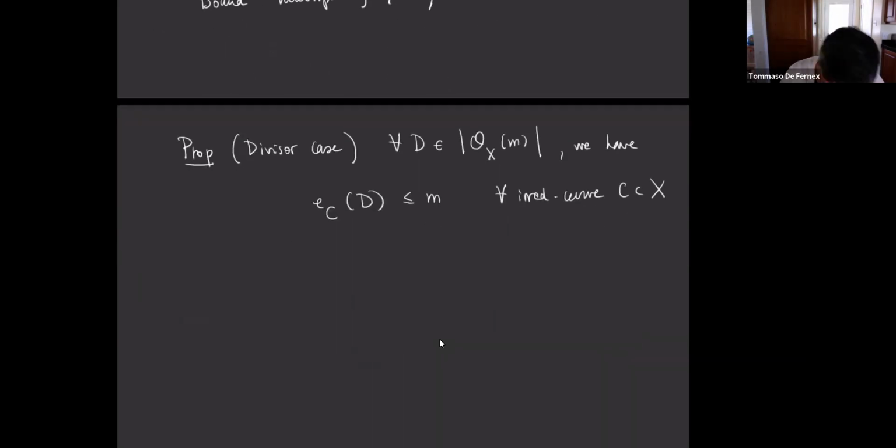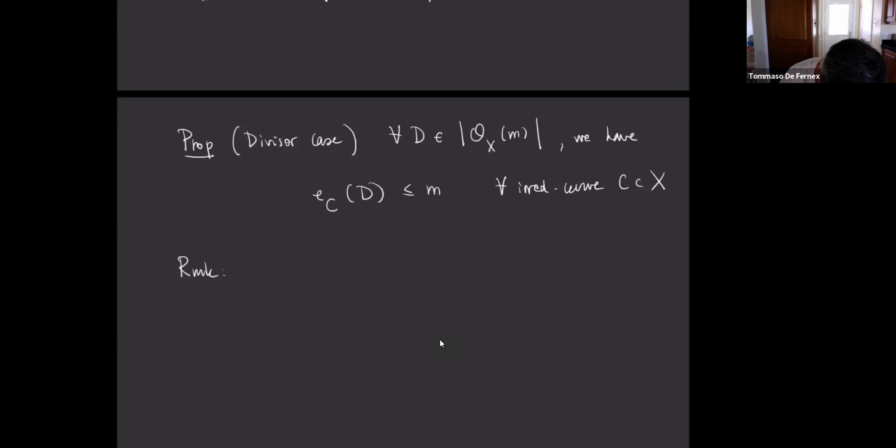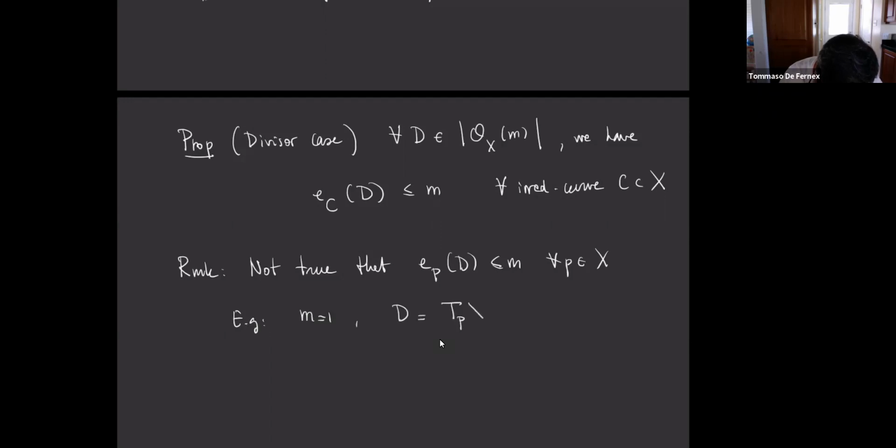So let me make a remark. That's not true, for instance, if you take m equal to 1 and take D to be the intersection of the embedded tangent space of X with X. Then the multiplicity at P of D, I use this notation because this is a divisor on a smooth variety, is at least 2, right?